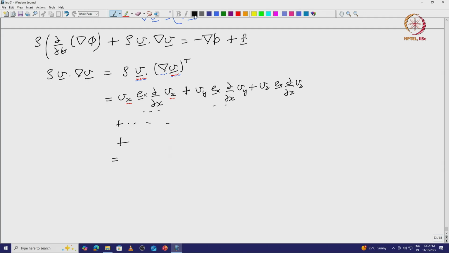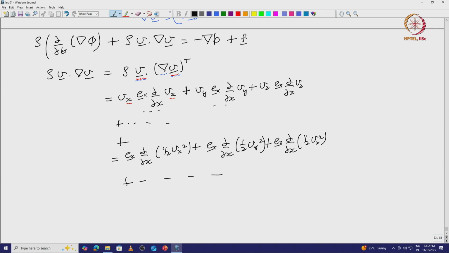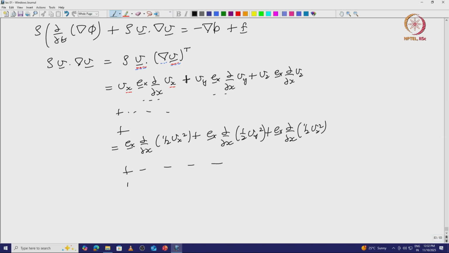This first term can be written as Ex partial by partial x of half Vx square plus Ex partial of half Vy square plus etc., plus the other two terms. Half Vx square plus half Vy square plus half Vz square is half V square, where V is the magnitude of the velocity.